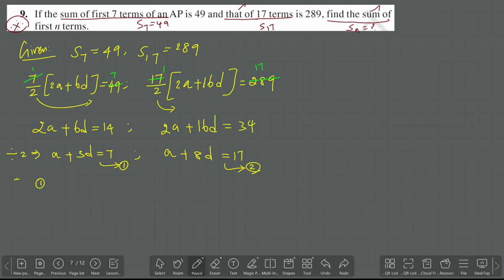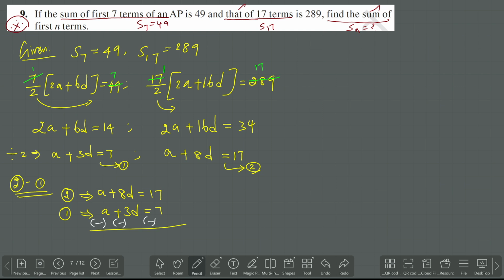So 2 minus 1, you people try if you want. Or 1 minus 2 also you could do. That means you want to write 2 first. That is the meaning. a plus 8d, which is equal to 17. Equation 1: a plus 3 times d, which is equal to 7. When I change the opposite sign, plus in the sense minus, minus in the sense plus, all the things are positive, so cancel plus a minus a.